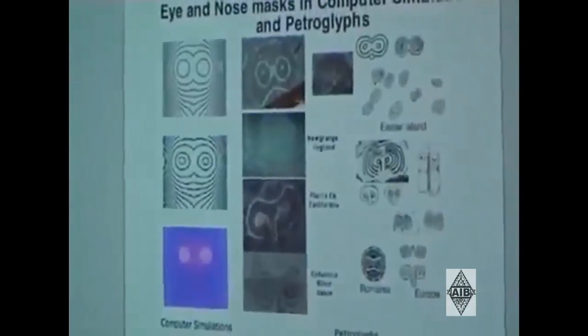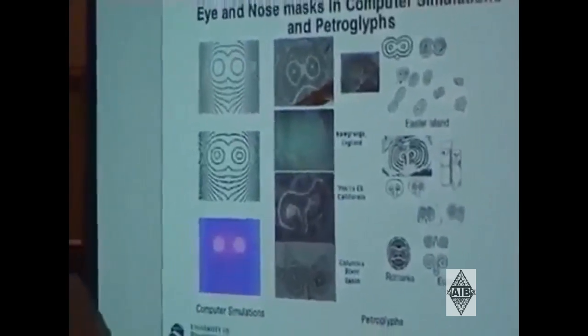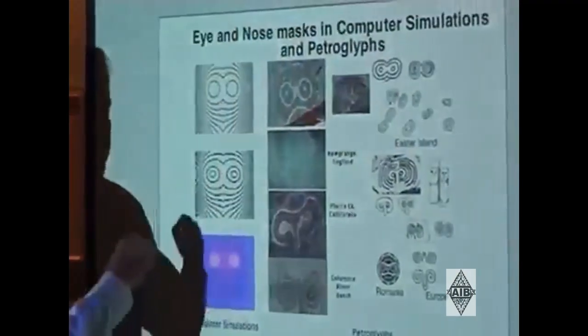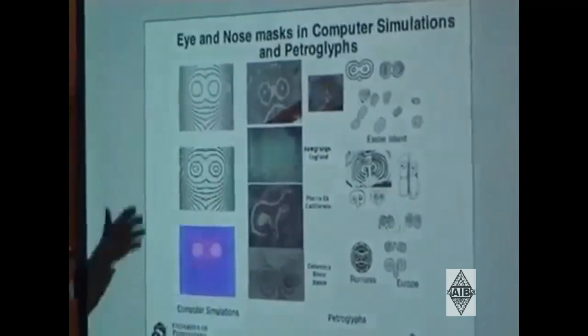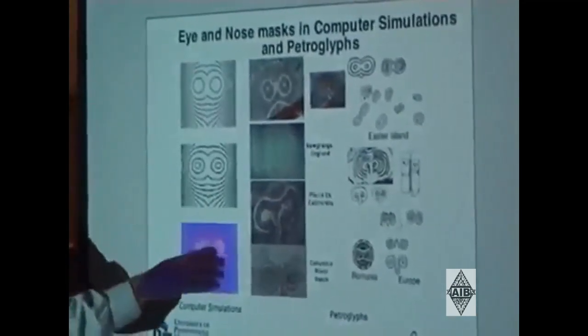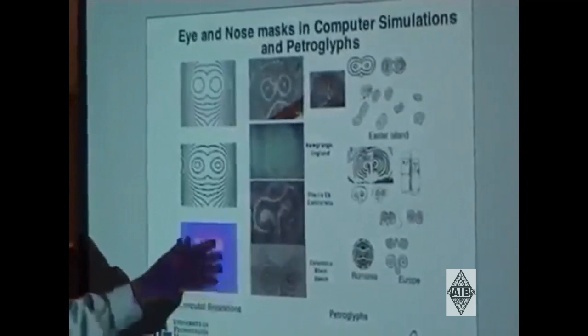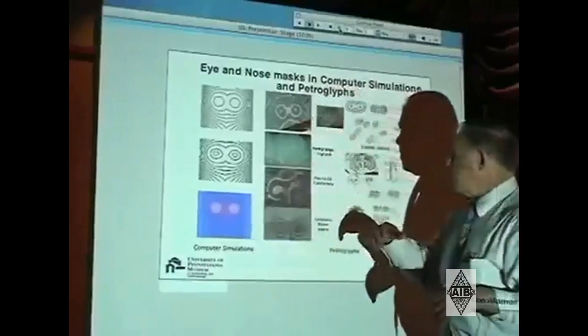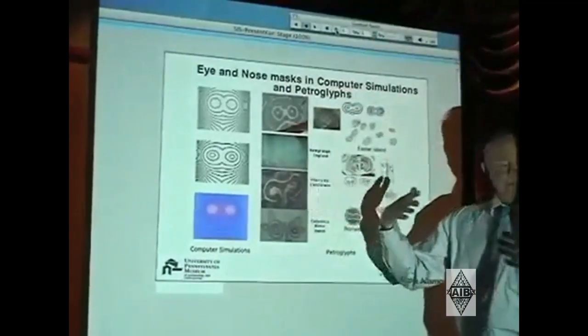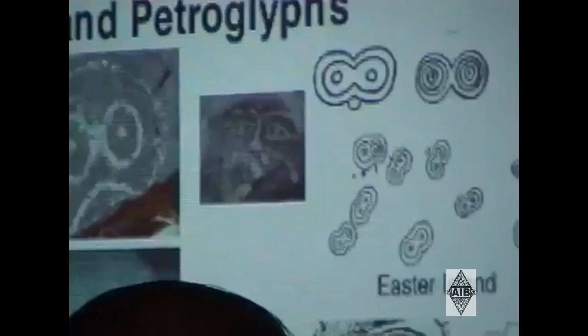So the first thing we're going to do is look at the so-called eye or owl morphology in that Z pinch. It looks something like this when you false color it and fill it in, and then compare it to what we call eye mask petroglyphs around the world.